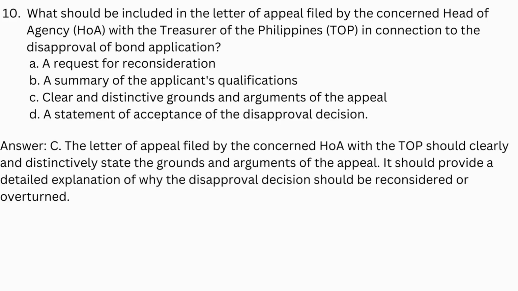Answer, letter C. The letter of appeal filed by the concerned head of agency with the Treasurer of the Philippines should clearly and distinctively state the grounds and arguments of the appeal. It should provide a detailed explanation of why the disapproval decision should be reconsidered or overturned.